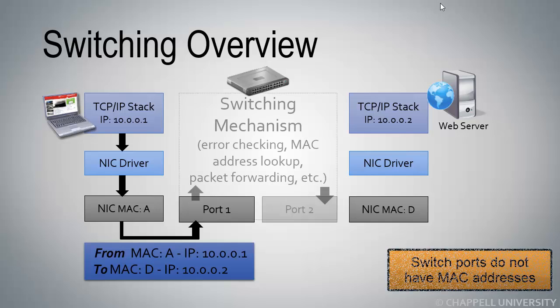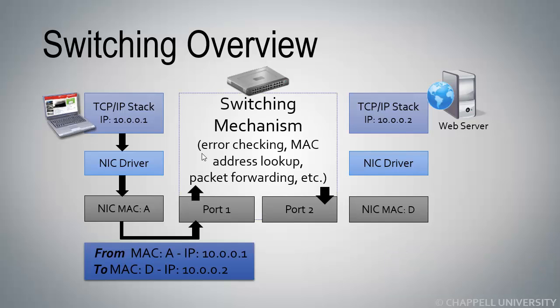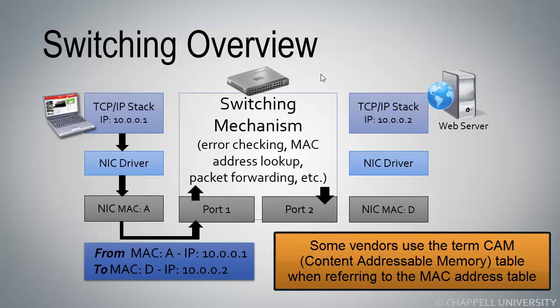Upon receipt of these packets, the switch will perform error checking on the packets. If the switch detects that there's a MAC layer error on the packets, in other words, the Ethernet frame check sequence value is invalid, the switch will discard the packet. It won't forward that packet. The switch then will look in its MAC address tables to see what port MAC address D resides on.